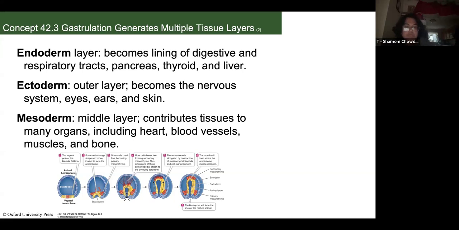Here, for example, you have your blastopore, with the animal hemisphere at the top and the vegetal hemisphere at the bottom. The vegetal hemisphere starts to flatten, and as it flattens, it pinches inward to form the archenteron. Other cells start to break free, becoming the primary mesenchyme, and then more cells break free, becoming the secondary mesenchyme.